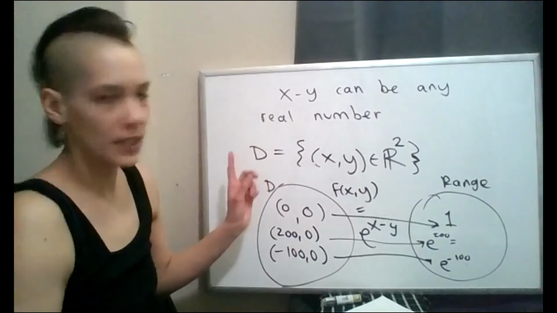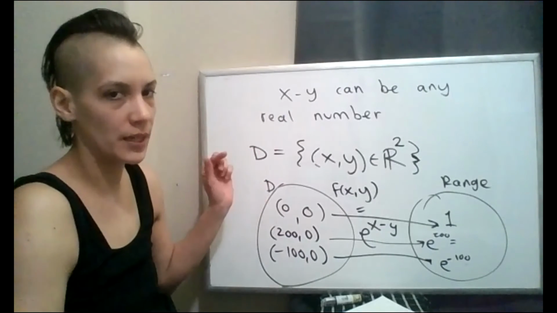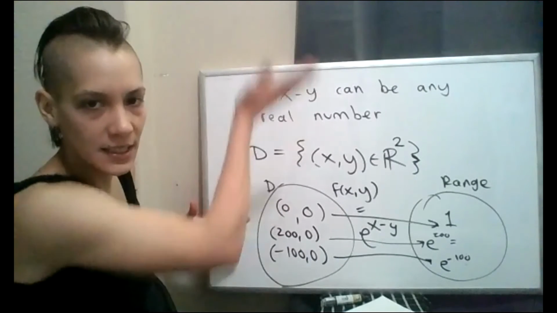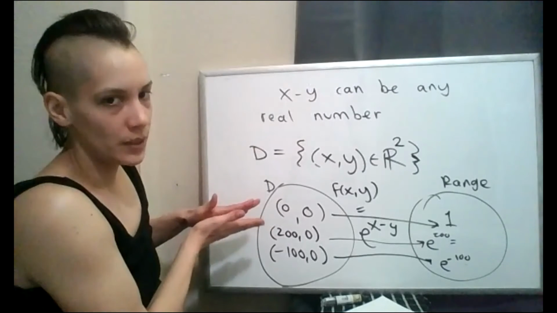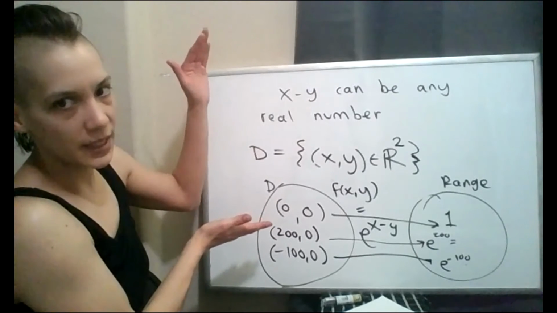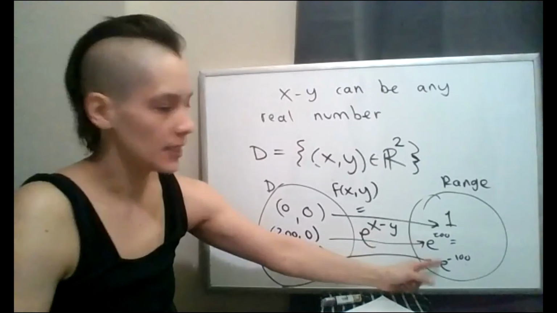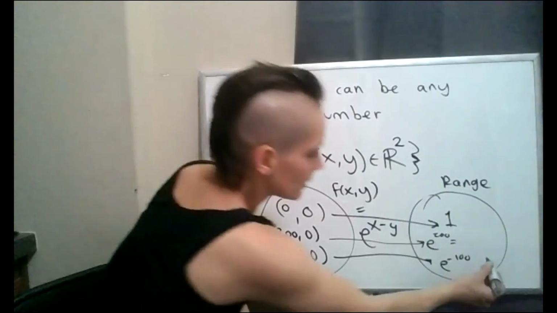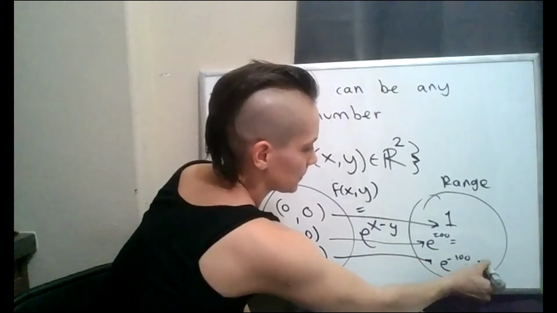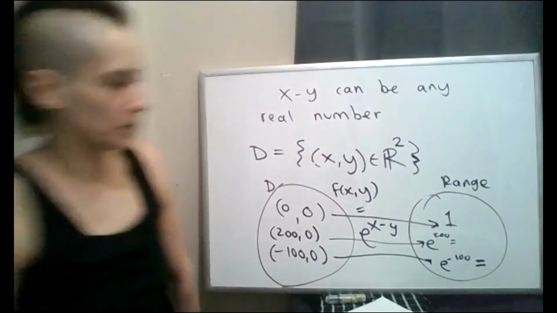So the range for this function should be the same as the range for that function e to the t. Should go from 0, not including 0, and up to positive infinity. Let's just see what these actual numbers are, just to kind of be more confident about that.